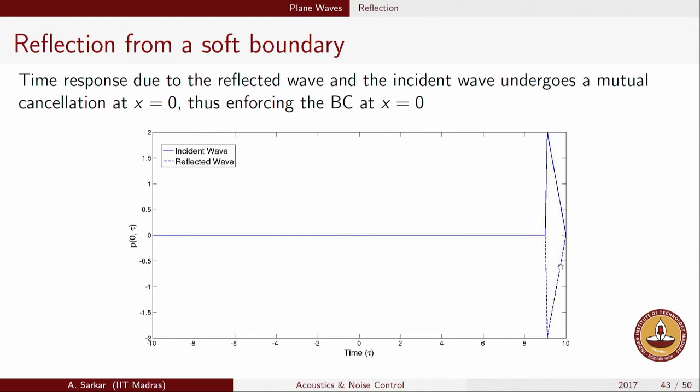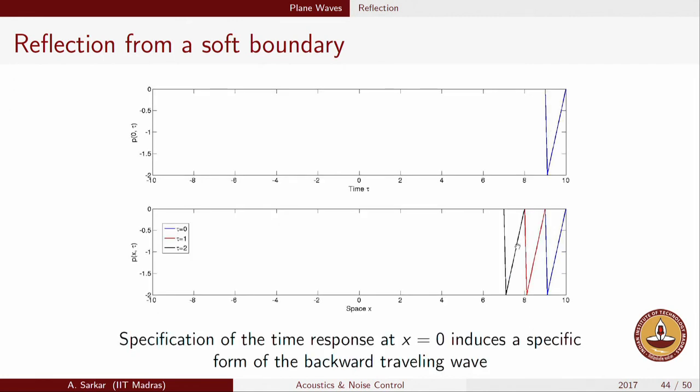We know the time history at x equals to 0 corresponding to that wave. So, what is left to determine is at time tau equals to 0, what is the profile of this pressure corresponding to different spatial points x, right. So, here is the plot. We are trying to get at a wave such that p 0 comma tau has this profile.